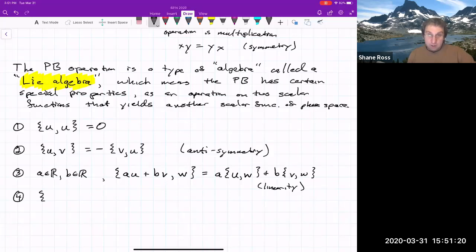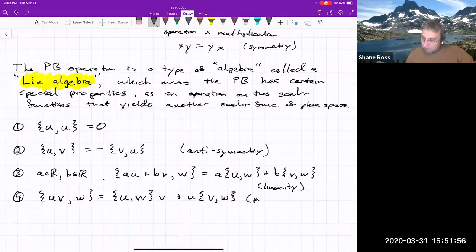So this is the product rule for the Poisson bracket. If we have u multiplied by v, these two scalar functions, with w, you can define that as just the usual multiplication. But then we could write what this becomes: the Poisson bracket of u with w times v, plus u times the Poisson bracket of v with w.